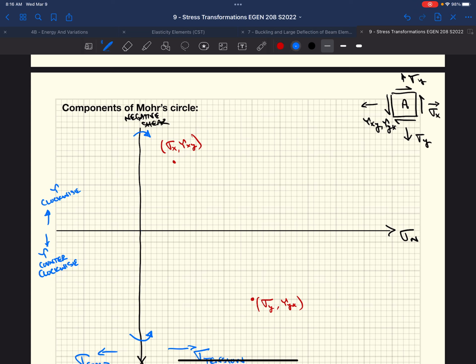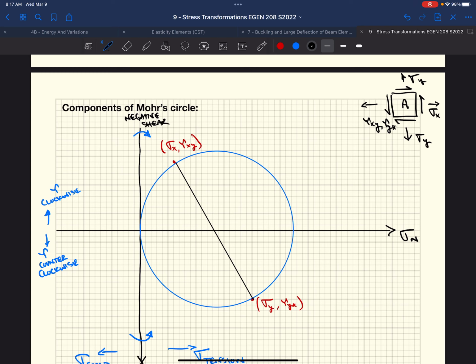That also means that we can create a circle from those points. Those points will have a line you can create between them.